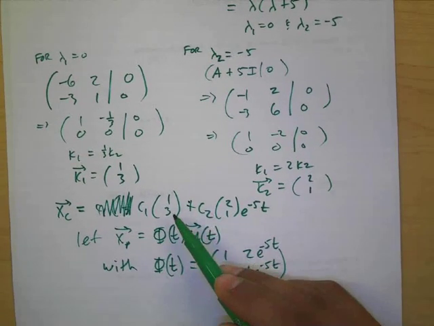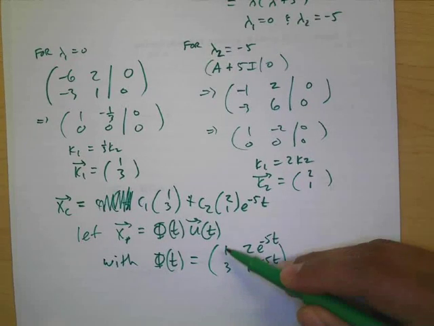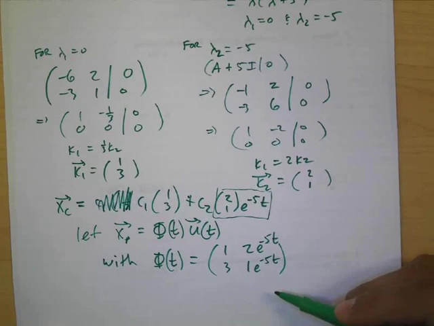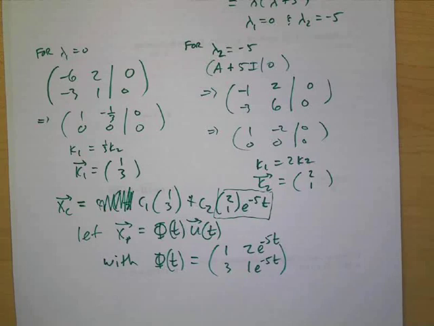So you know how this is x1? The fundamental matrix has x1 as a column. This is x2, so x2 would be the second column of the fundamental matrix. If we had a 3 by 3, you'd just have a 3 by 3 fundamental matrix.